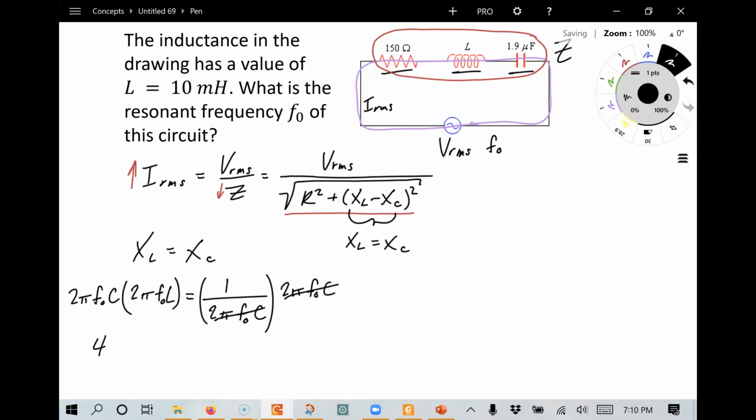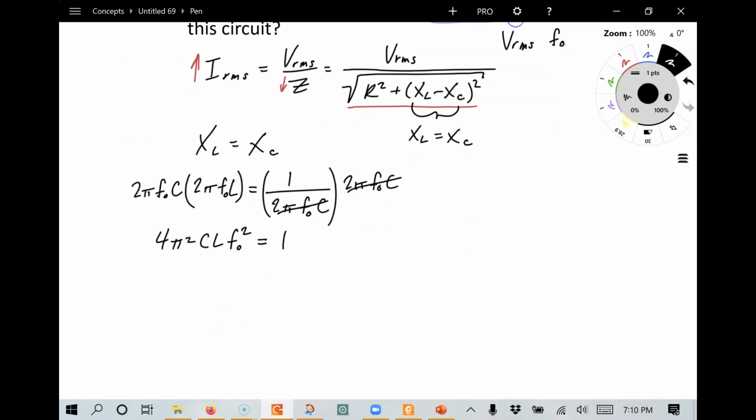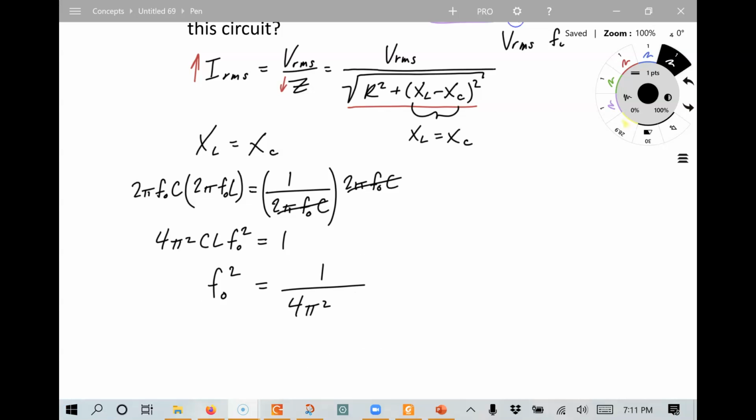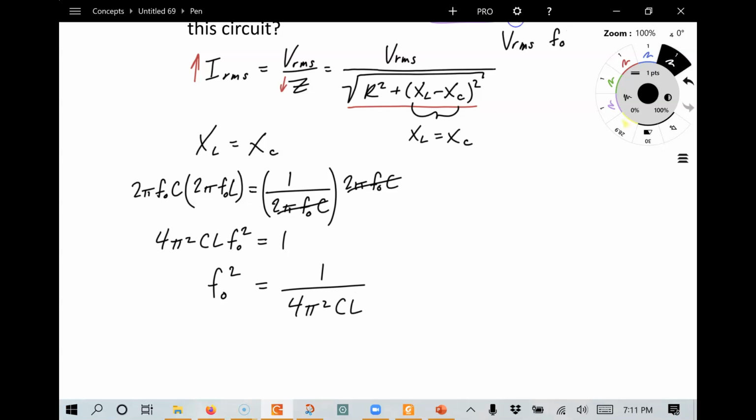We're going to get a 4 pi squared CL multiplied by the resonant frequency squared. That equals 1. We can go ahead and solve for the resonant frequency squared. That's equal to 1 divided by 4 pi squared times CL.